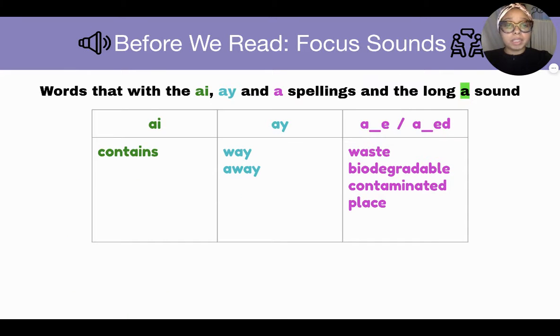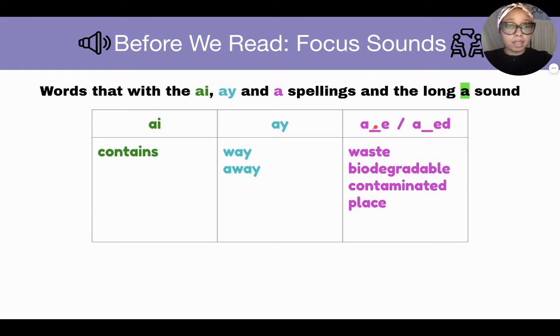Here are some of the focus sounds that we are going to hear as we read today. We're going to hear the long A sound, and we're going to see different spellings for this sound. For the AI spelling of A, you're going to see the word contains. AY, way, away.